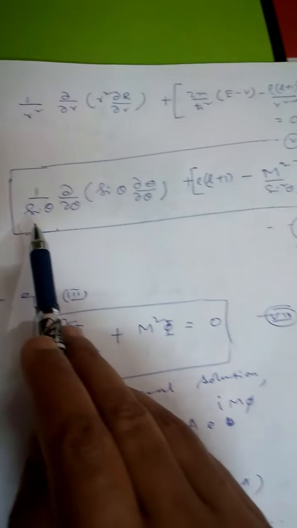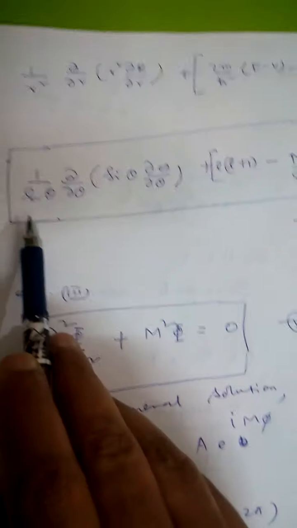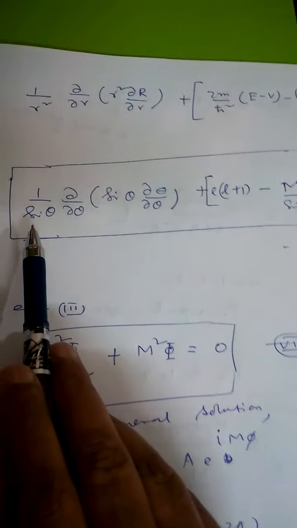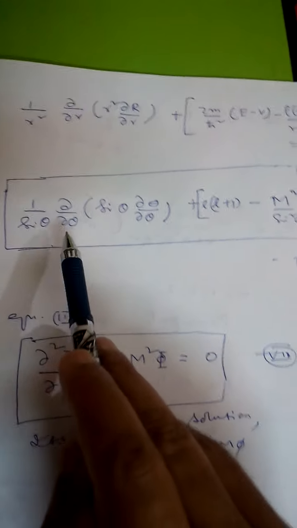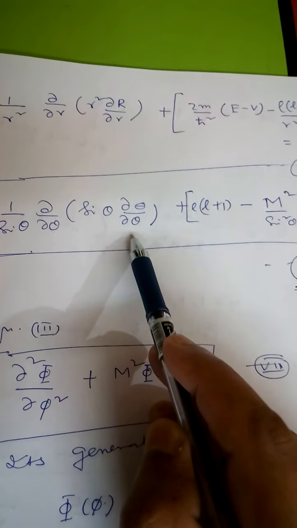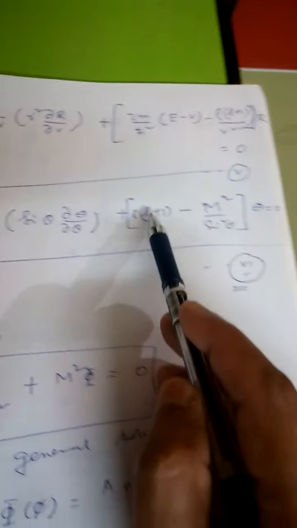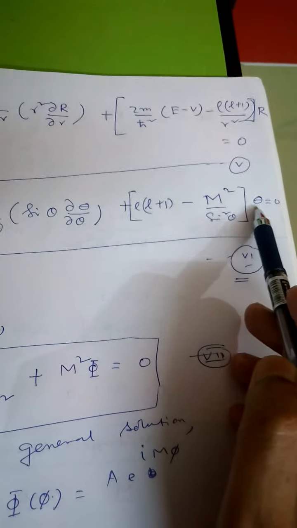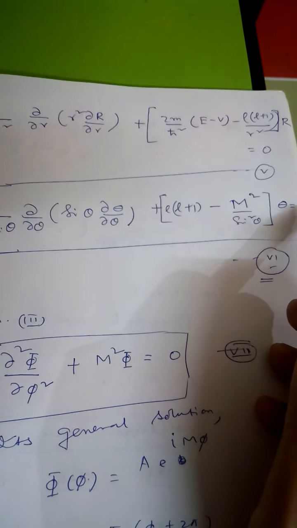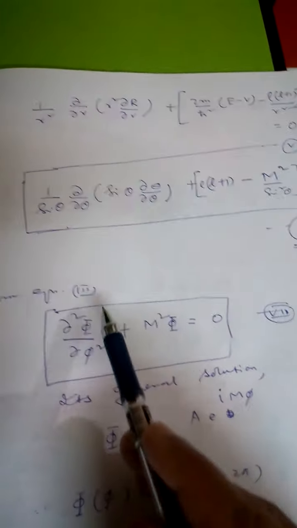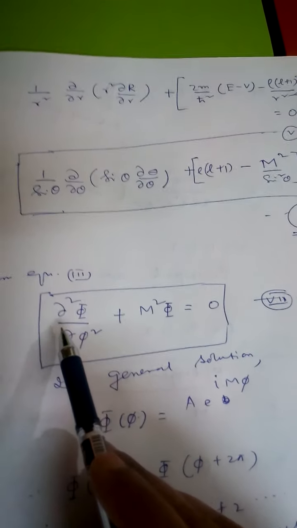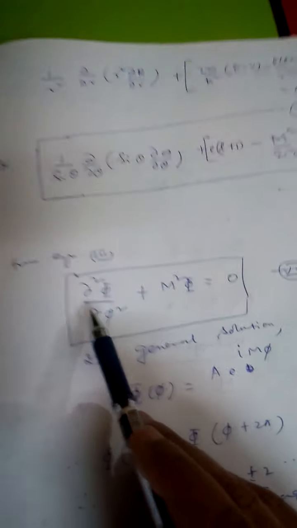And equating M² to the right hand side term, after simplification we get (1/sinθ) d/dθ(sinθ dΘ/dθ) + [L(L+1) − M²/sin²θ] Θ = 0. And we already got this expression.